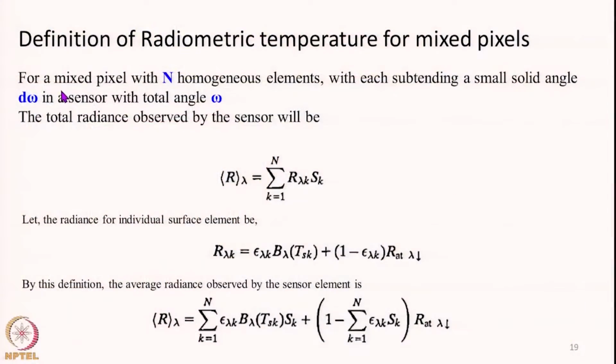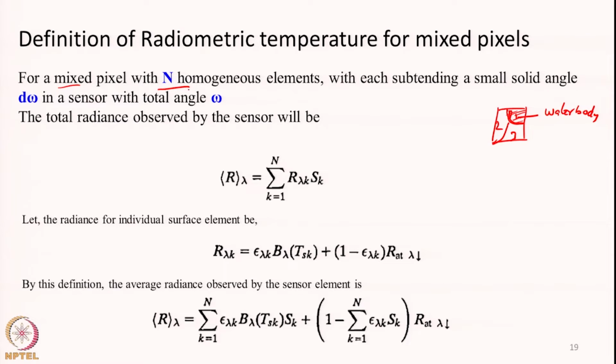Here we assume a mixed pixel, that is a single GIFOV which has several features present within it: object 1, object 2, object 3 and so on. It has n homogeneous elements, each element is homogeneous. For simplicity's sake I am assuming, let us say this is a water body, that particular water body is at a uniform temperature throughout.